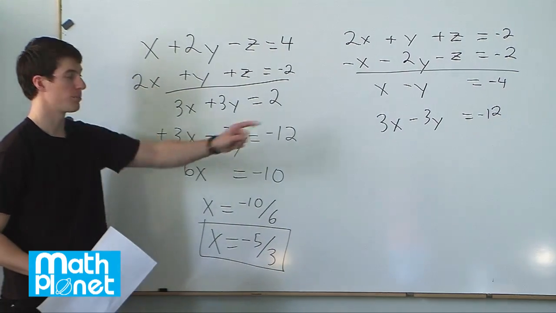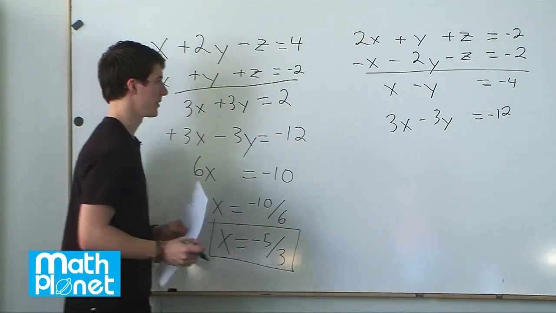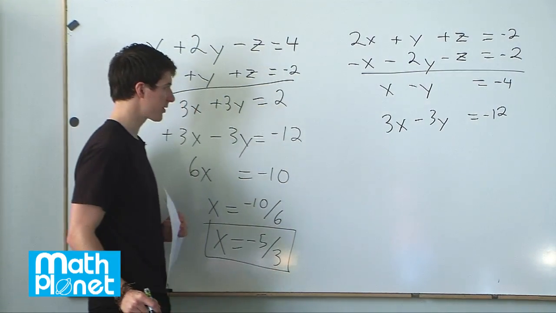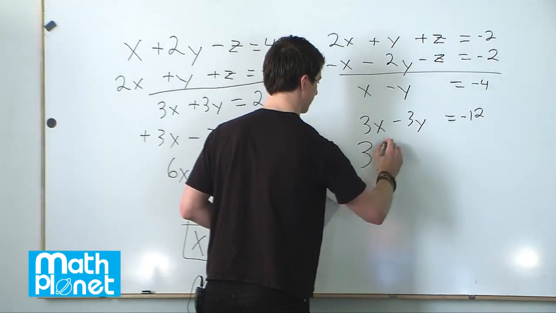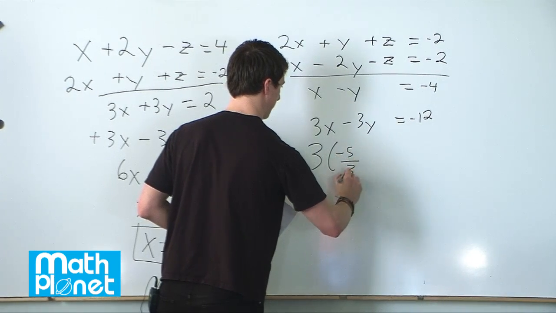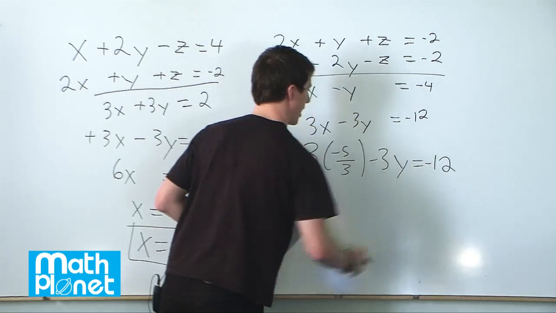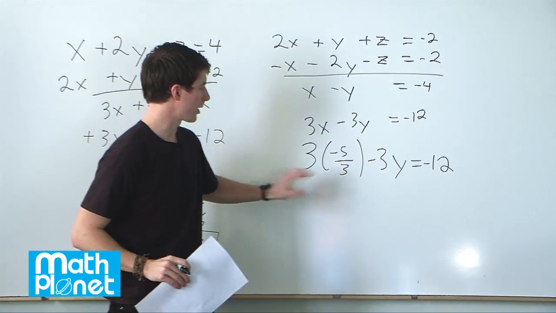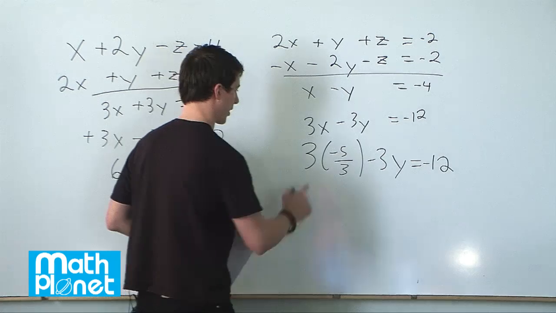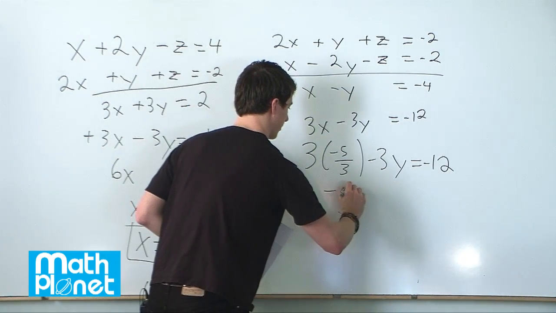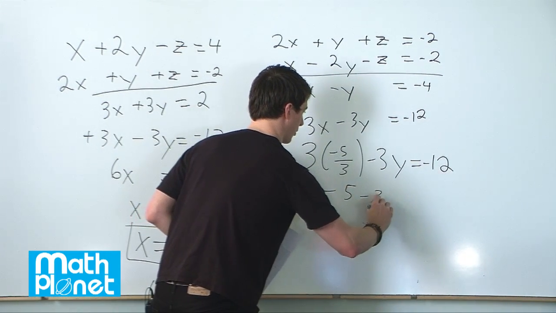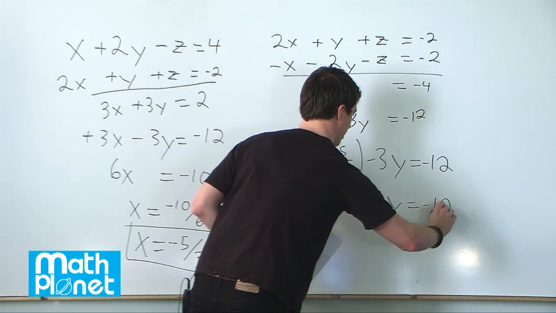We can take this, plug it into here, solve directly for y. So x is negative 5/3, plug that in here. And we can just solve this directly for y. We have one equation, one unknown, so what do we get from here? The 3's cancel, negative 5 minus 3y equals negative 12.